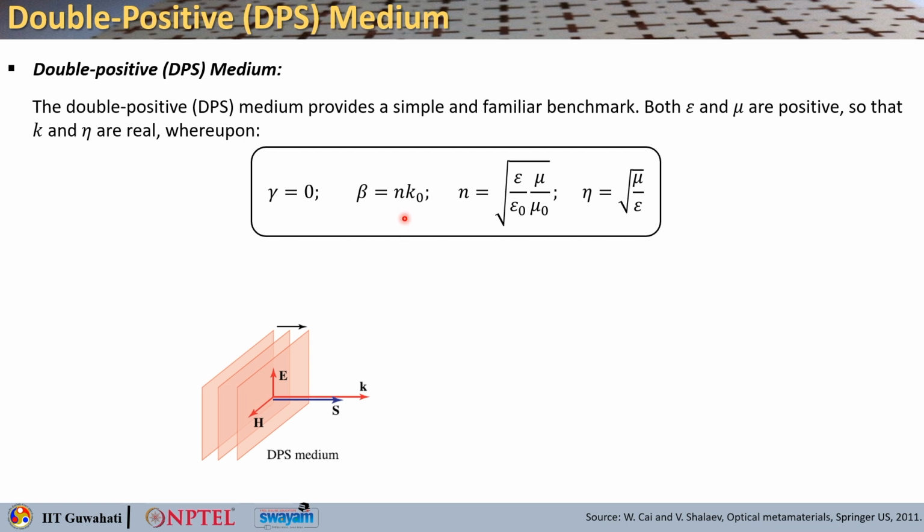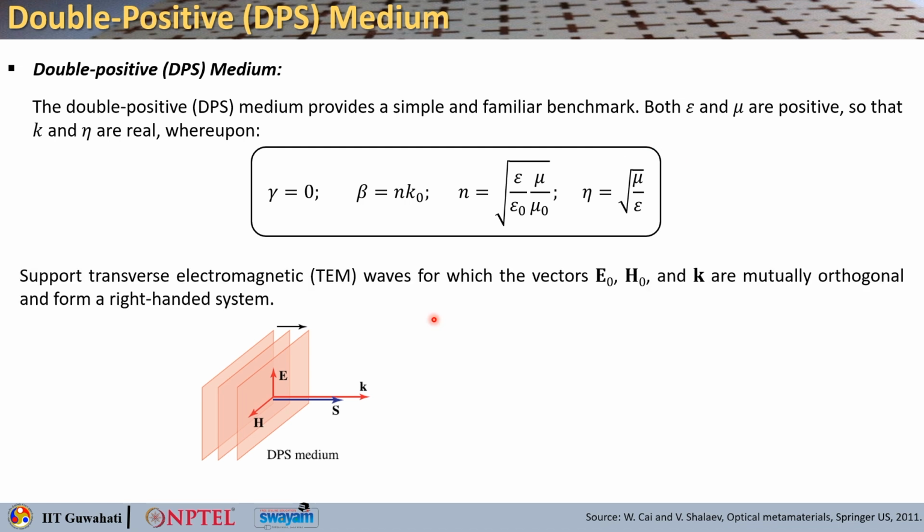Beta can simply be written as n k naught. N is nothing but square root of epsilon mu divided by epsilon naught mu naught, and eta, that is the impedance of this medium, can be given by square root of mu by epsilon. So, we understood that to support a transverse electromagnetic wave, the vectors E naught, H naught and K should all be mutually orthogonal.